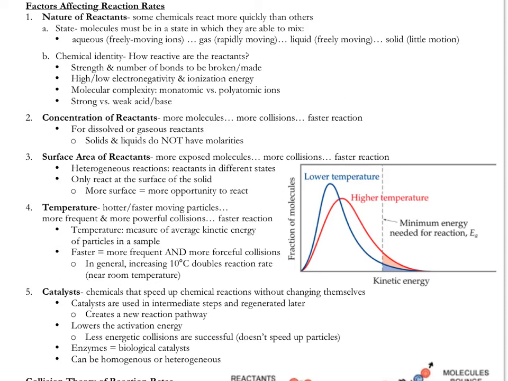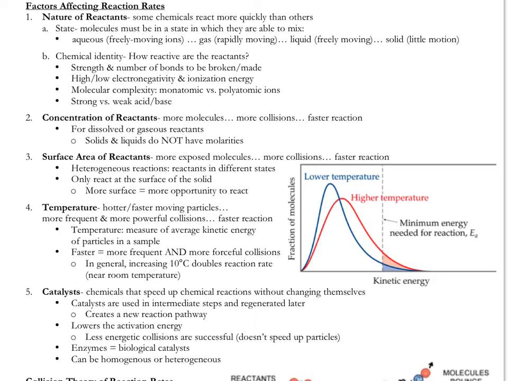The first thing about those is the state of matter. If they are aqueous, they're very freely moving, and they're already ions. They've already gained or lost some electrons. So those are going to be the most reactive because they're in the state most ready to mix. Gases can also react very quickly because the molecules are moving rapidly.